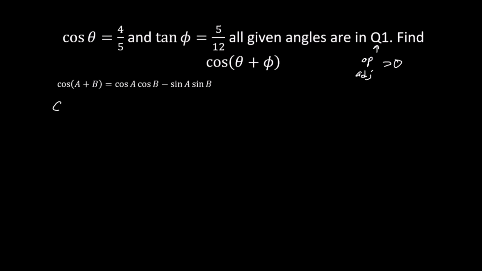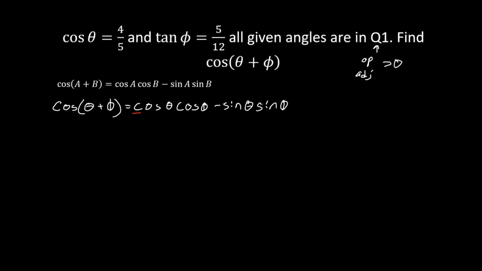So the first thing I'm going to do is rewrite this as the cosine of theta plus phi, and I'm going to replace all of my a's with theta, and I'm going to replace all of my b's with phi, minus the sine of theta times the sine of phi. So now if I know these values, then I can sub in and just start solving the problem.